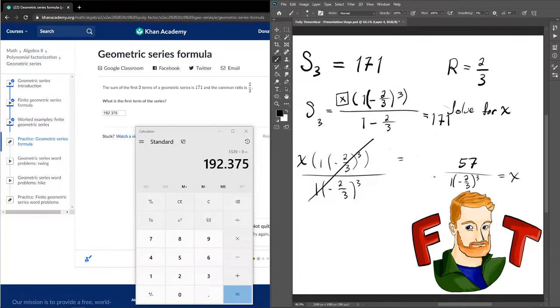So maybe this is it, because I've been eliminating the 1, but maybe what it really isn't is 1 times this, it's 1 minus that cubed.